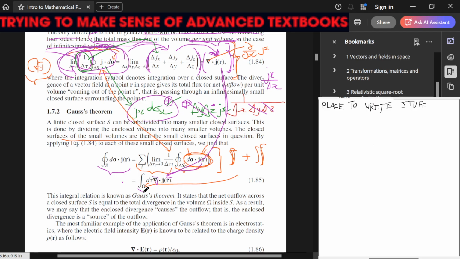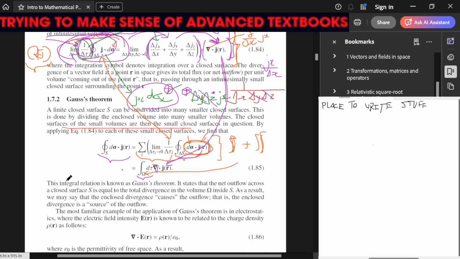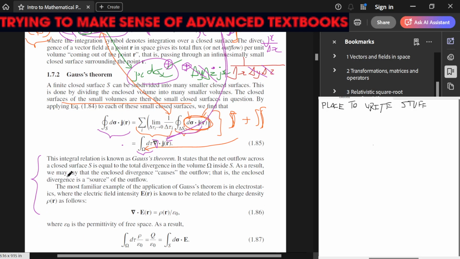Like this is just volume. Hmm, let's just read this. Maybe it makes more sense.